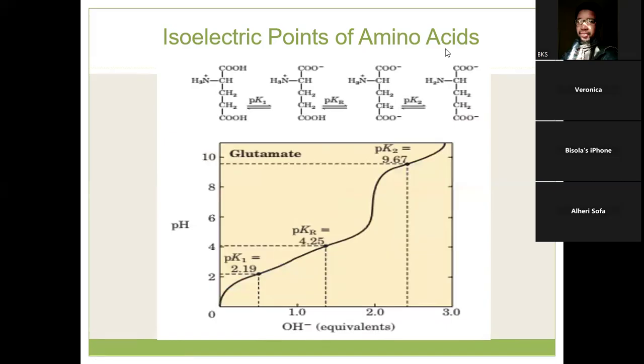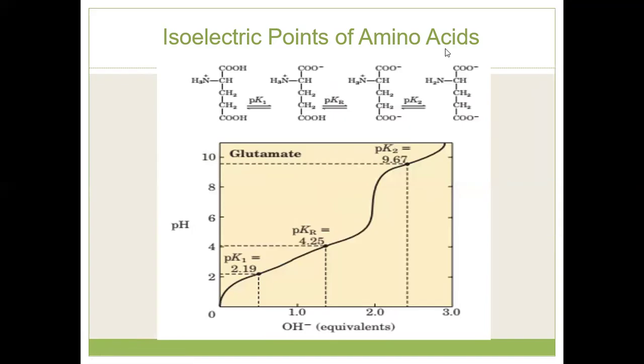Yes, sir. So is it safe to say that the isoelectric pH is neutral because it's having the negative and the positive? Yes, the amino acid is neutral. So the raising of the pH makes the carboxyl group able to release its proton, and the amino group now accepts the proton due to its lower pH.